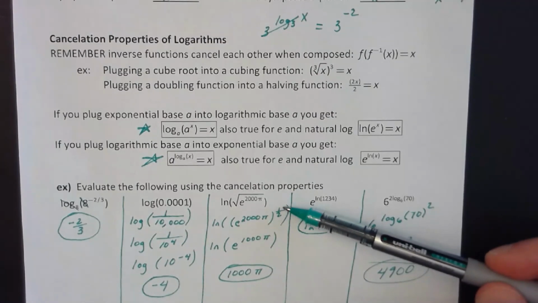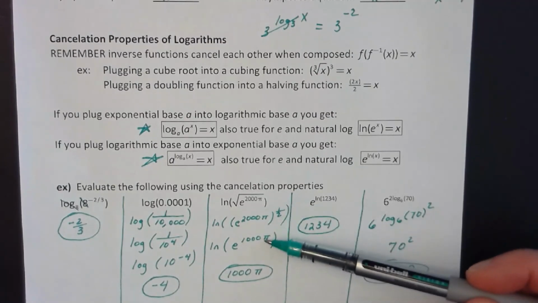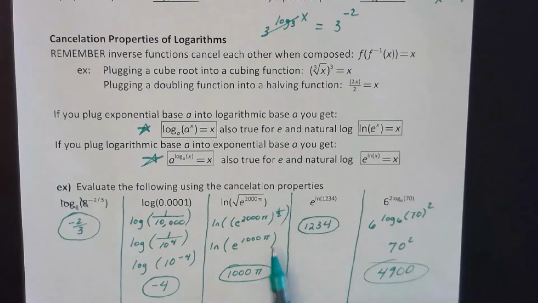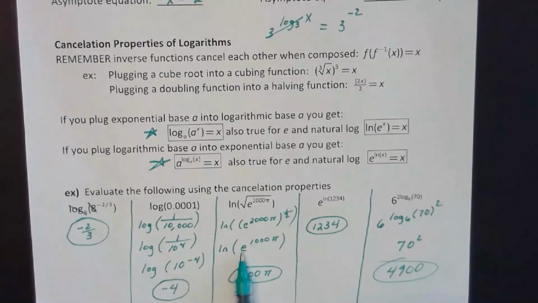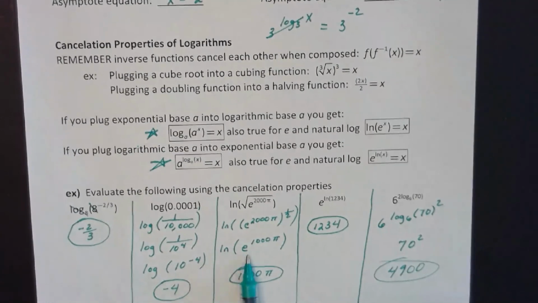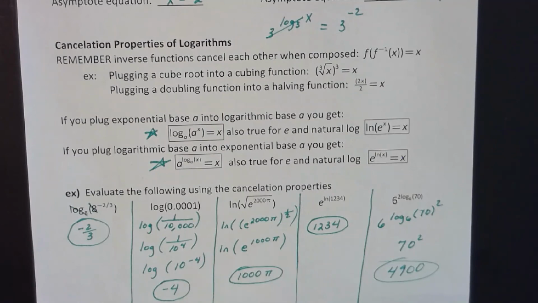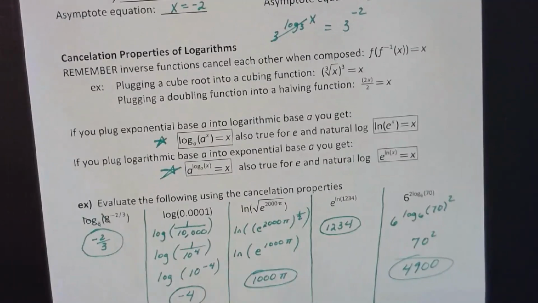So 2000 pi times 1/2 gave me 1000 pi. Now there's nothing between the natural log and the e. I was able to get rid of that square root. The natural log and e cancel each other out. They're inverse functions. You're left with 1000 pi as your answer.